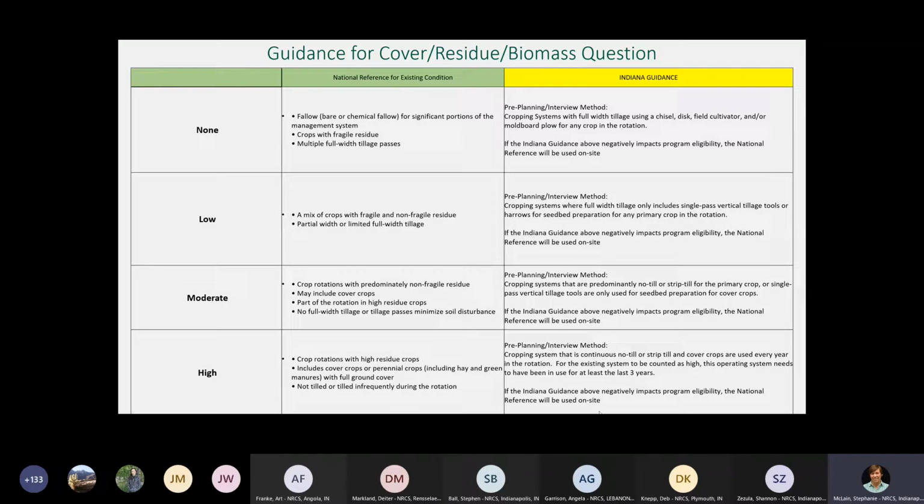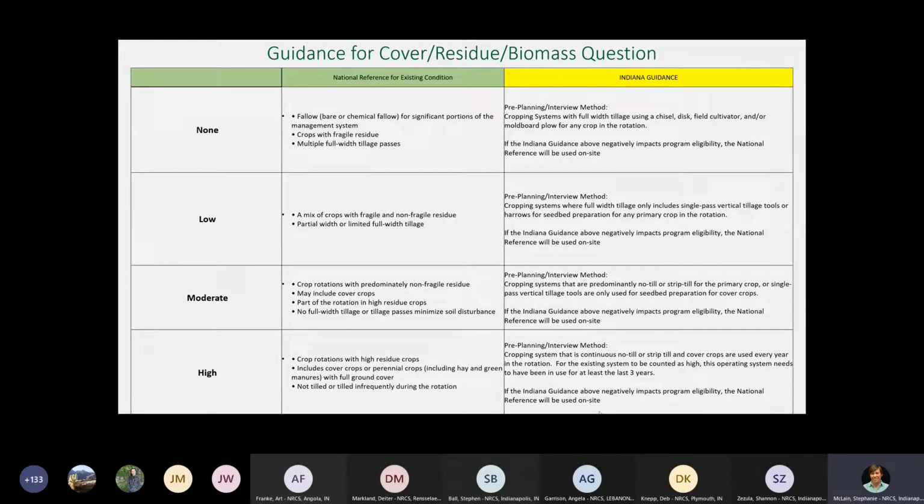As we worked through this process, we made the decision right away that because the cover residue biomass inventory process and 3 of the 4 soil health resource concerns have the exact same format and the exact same categories, we wanted the guidance from Indiana to be the same.